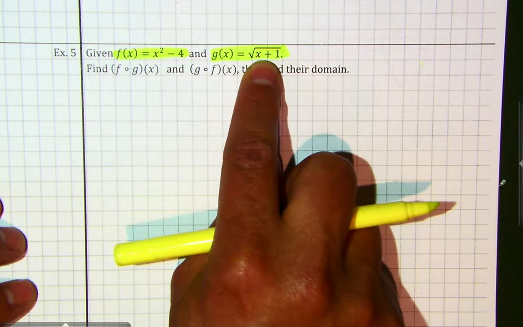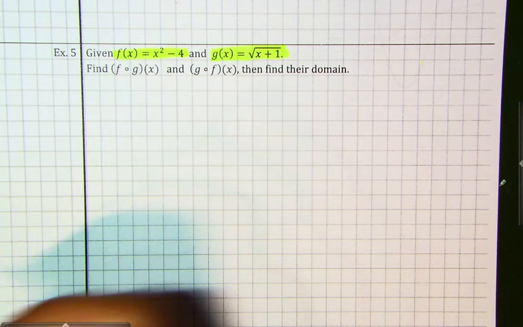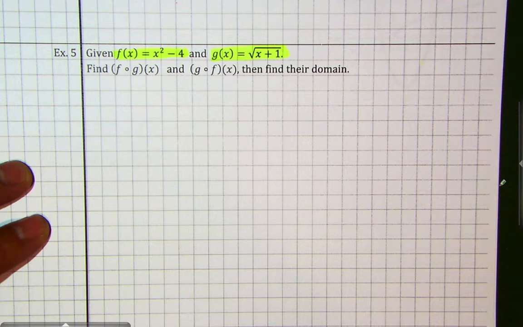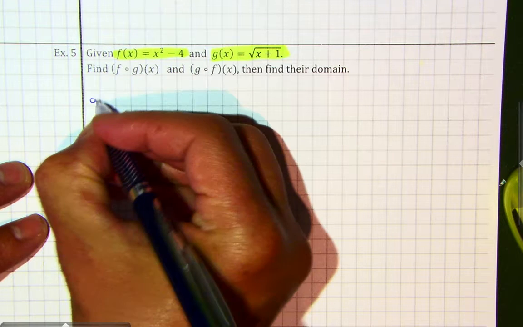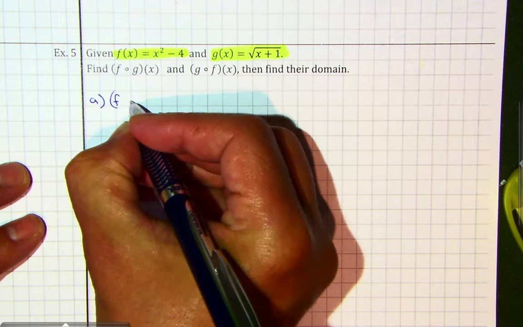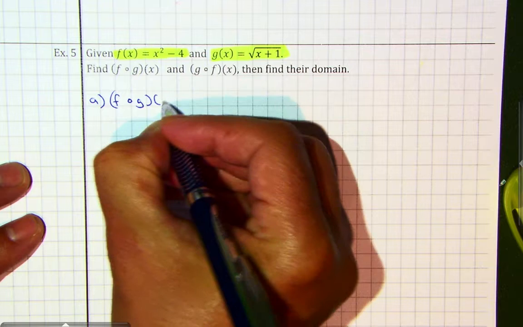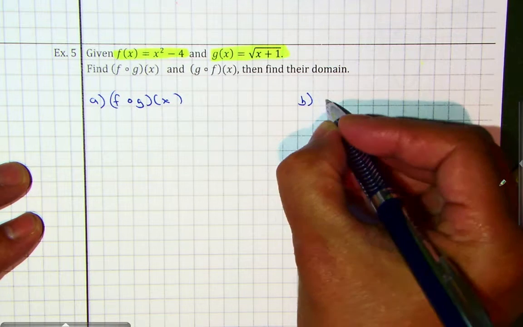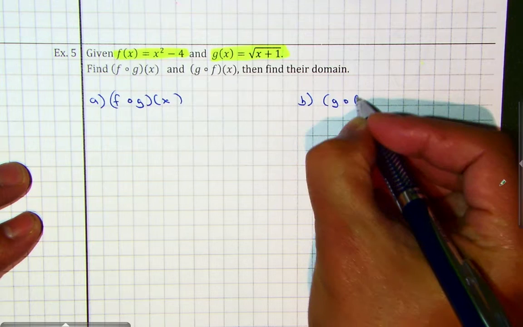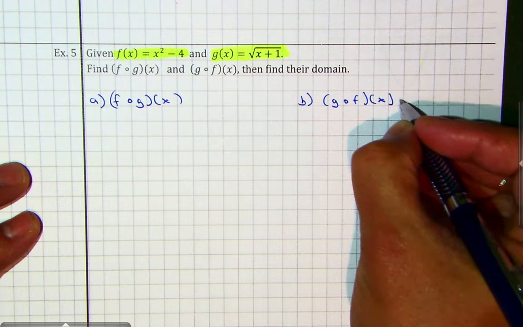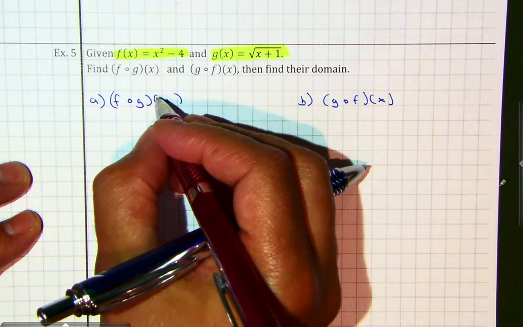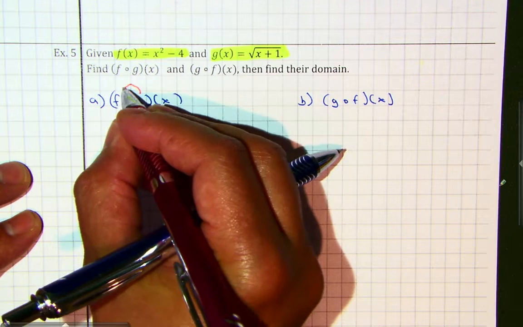And we know the shape of it is square root. So when I find the composition, I need to find the composition A, f composed with g of x, and b, g composed with f of x. And now, in this case, this means that I'm plugging my g function inside my f function.